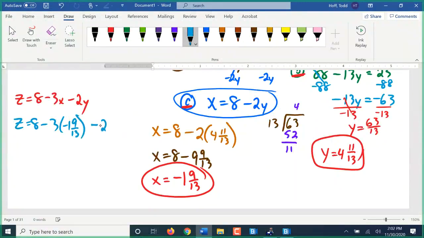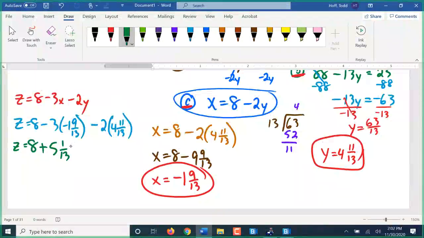Minus 2y, y will be 4 and 11/13. So I've got 8 here. A negative 3 times a negative is going to become a positive. What is that? 5 and 1/13, actually.